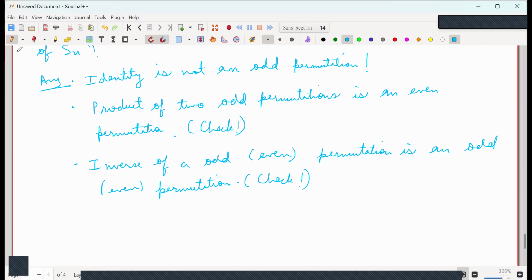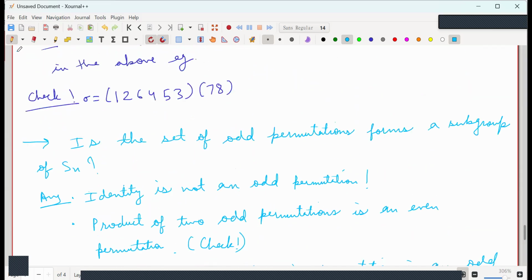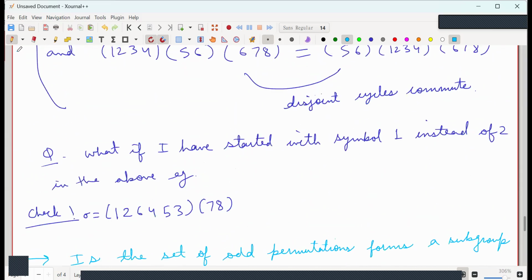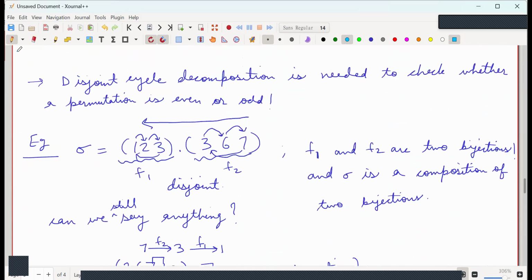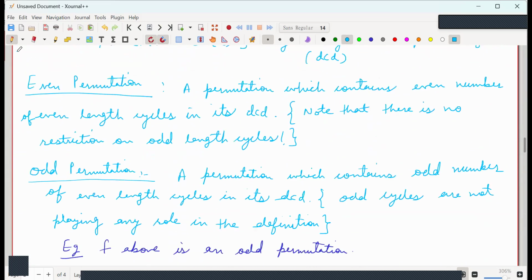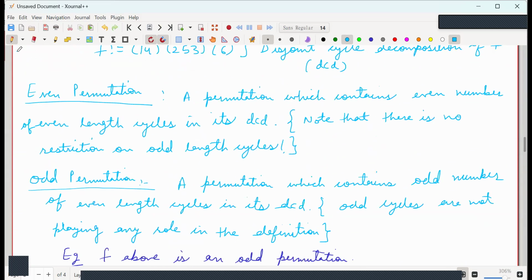The first two properties don't hold, so it is not a subgroup. I hope this example is clear. If it is, we can move to the next one.